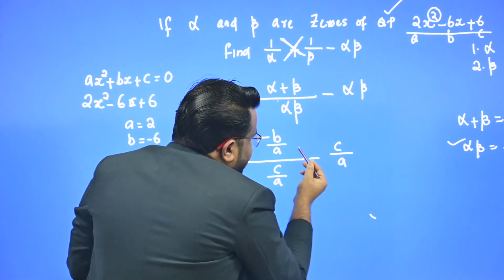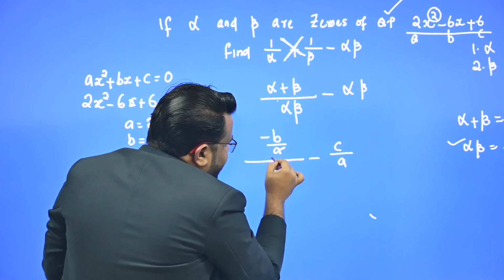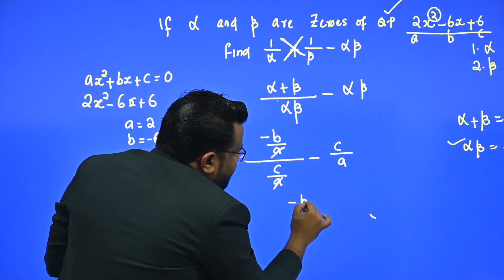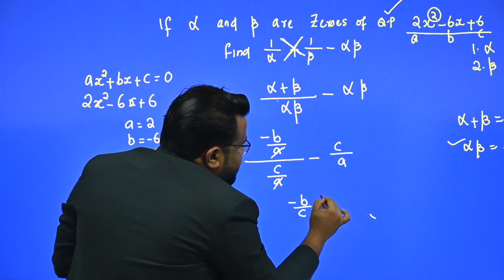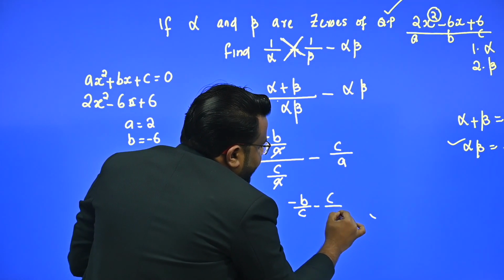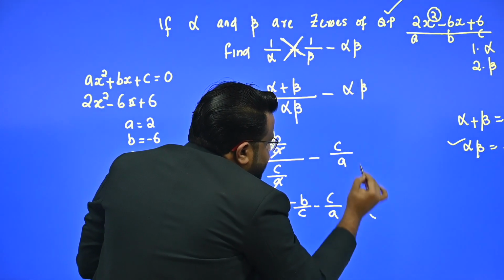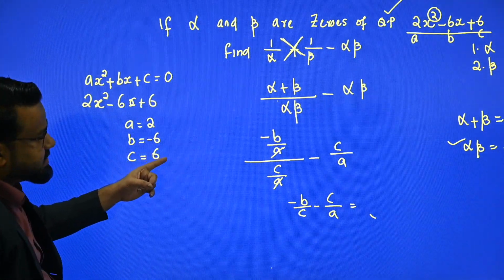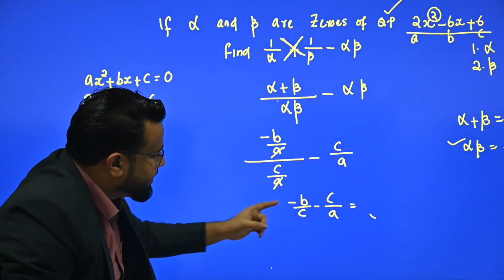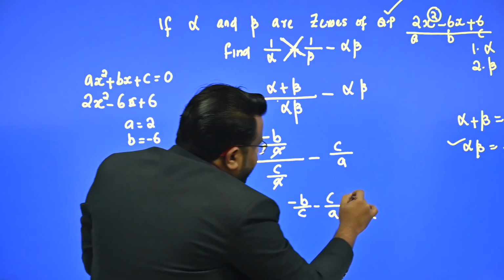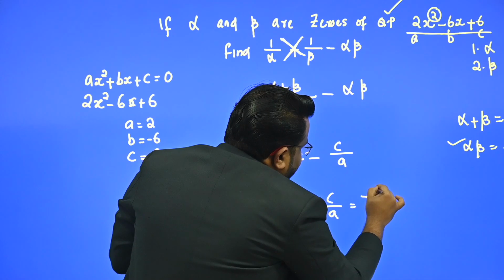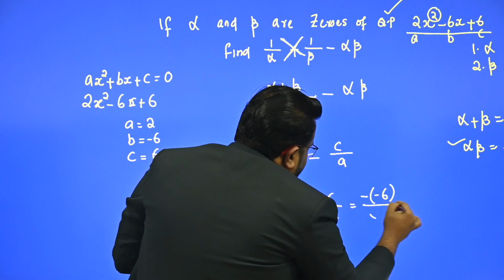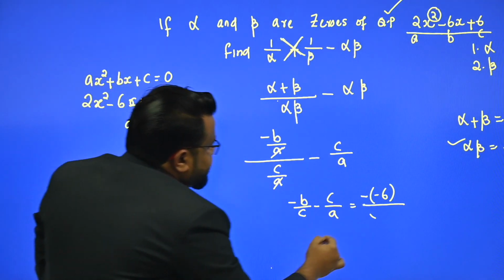So from here we can cancel this a and this a. The answer is minus b by c minus c by a. What is the value of b? B is equal to minus 6, so minus becomes plus: 6 divided by c, and c is equal to 6.